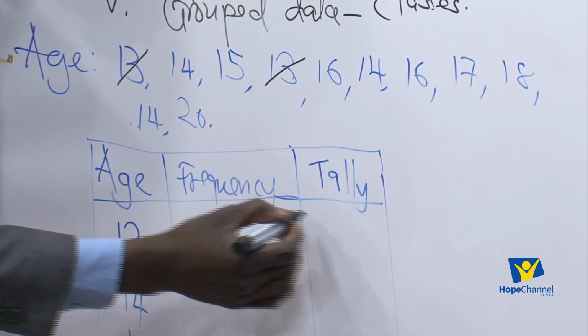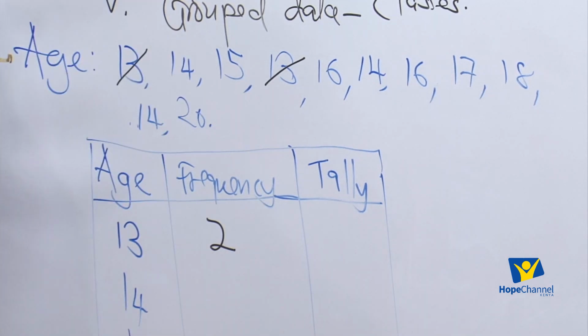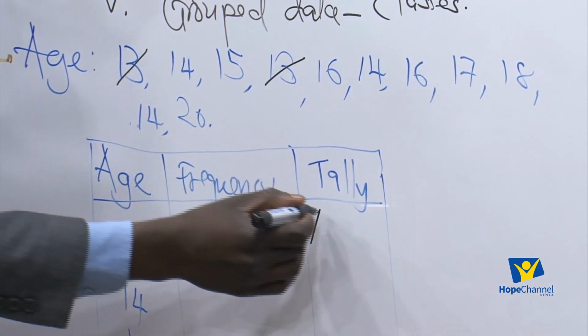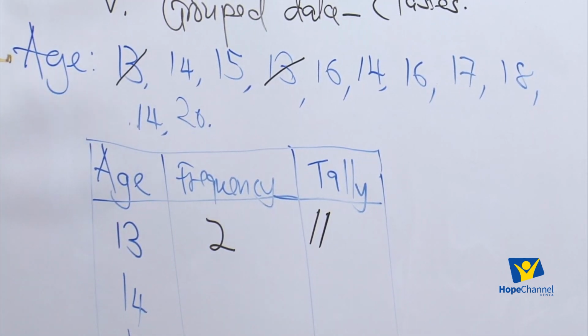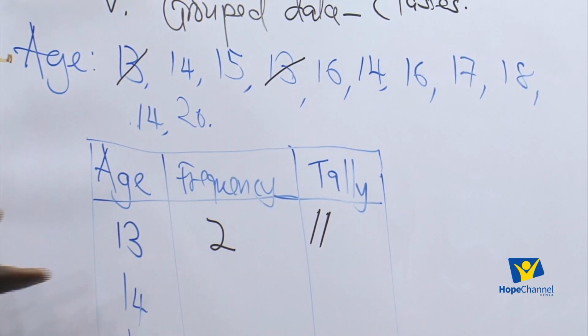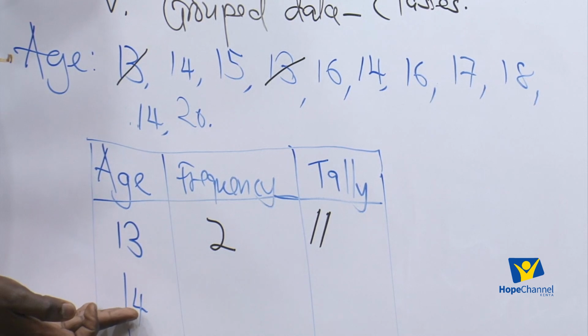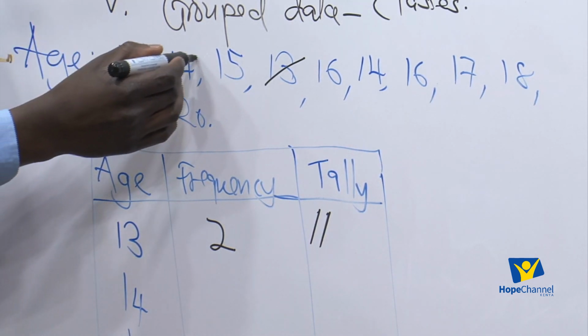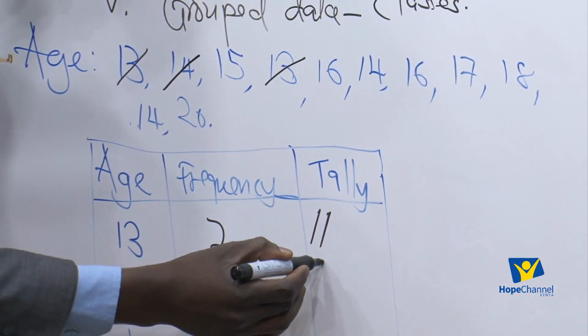In statistics, we use tallies. A tally is just the use of vertical lines or strokes to represent the number, the way we were counting, 1, then 2. That one is done. We go to the second number, which is 14. How many times does 14 appear? We have 1. Let me put the tally there.